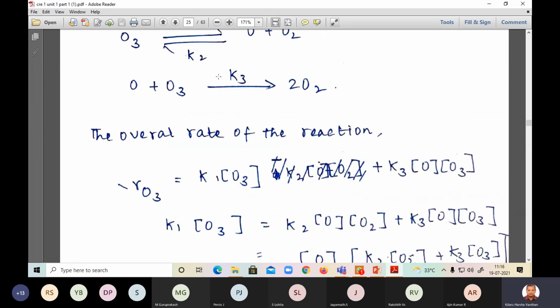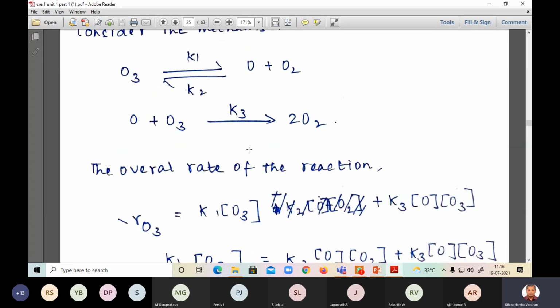K1 O3, that is what K1 O3 is. And K2, because here it is disappeared, here it is formed, and here it is again disappeared. So disappeared is 2 and formed is 1, right?